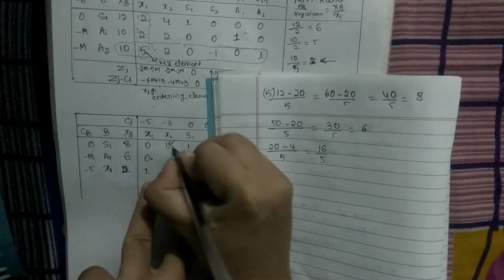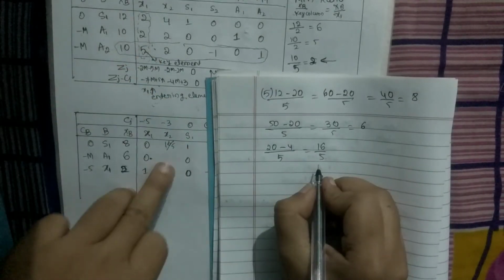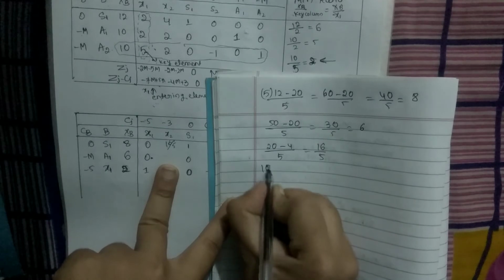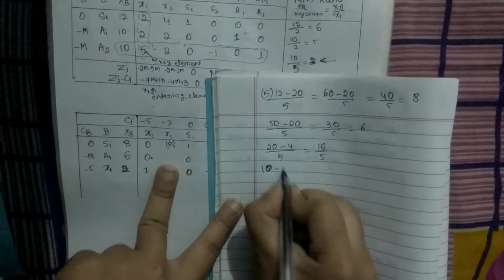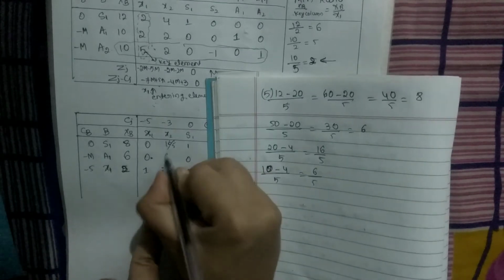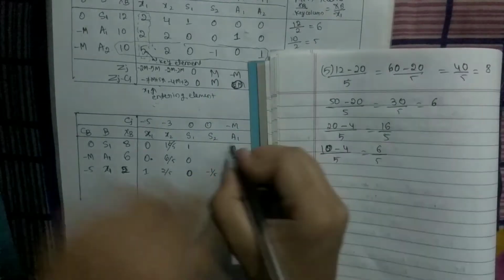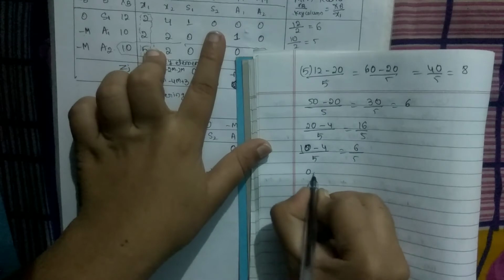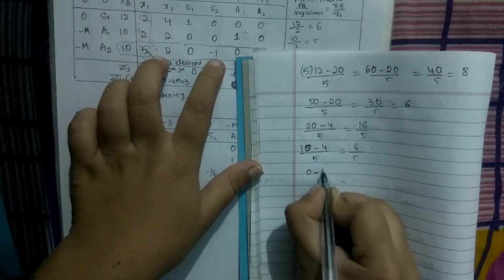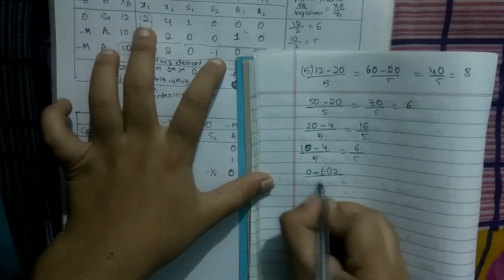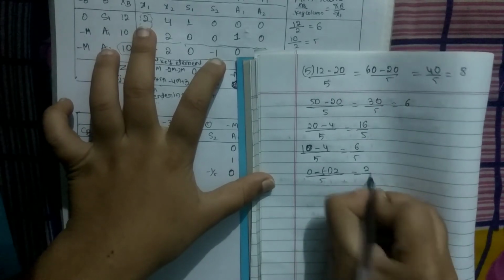Here 16 by 5. And to find this place, 5 into 2 is 10 minus 2 into 2 is 4 divided by 5, 6 divided by 5. Here also same, 5 into 0 is 0 minus of minus 1 into 2 divided by key element, it is 2 by 5.